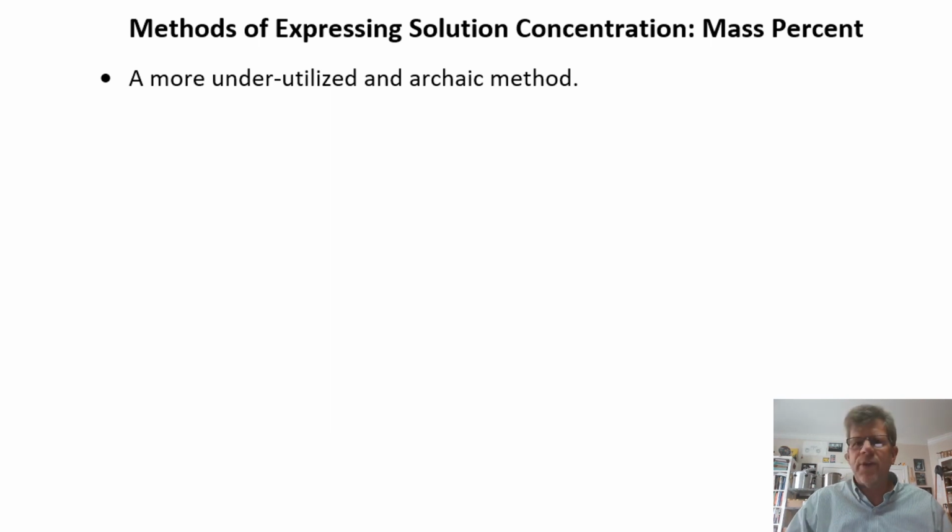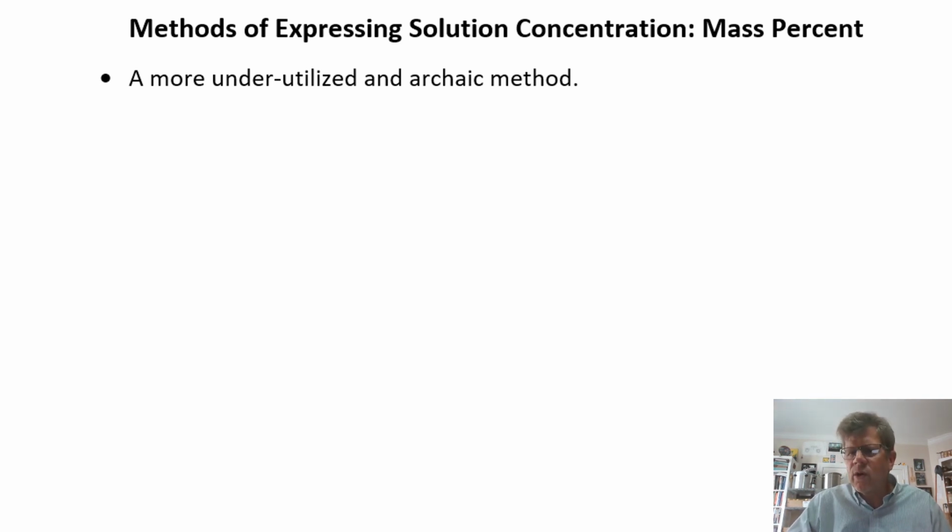We have to start thinking about what type of solution I have. Not just what solute in which solvent, but how much solute is dissolved in that fixed amount of solvent? I could have a very weak solution, or I could have a very strong solution, depending on the amount of solute dissolved in the solvent.